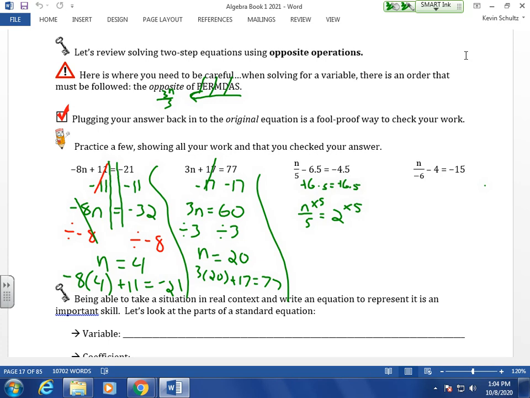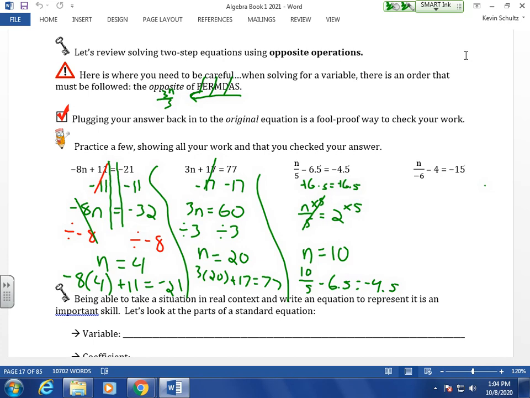If we divided n by 5 to get to 2, then multiplying by 5, we'll get n by itself, and we'll get what we started with, 10. Does that make sense? Luke, are we good? Okay. So then to check this, 10 divided by 5 is 2, minus 6.5 equals negative 4.5.